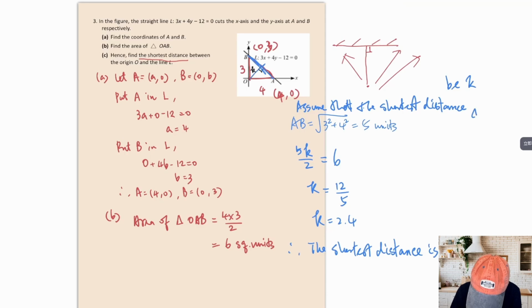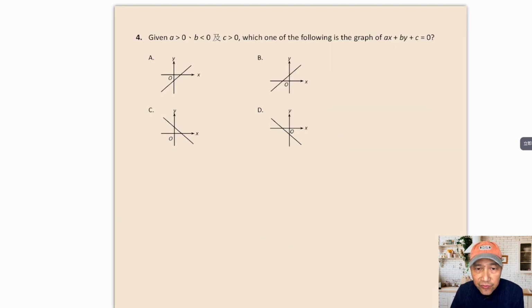Okay, in question 4, A is greater than 0, B is less than 0, C is greater than 0. Perhaps I will write the signs of A, B, C. A is positive, B is negative, C is positive. Which one of the following is the graph of Ax plus By plus C equals 0?